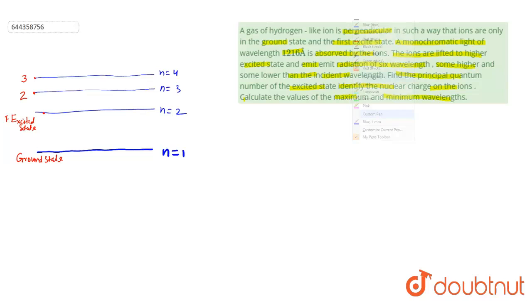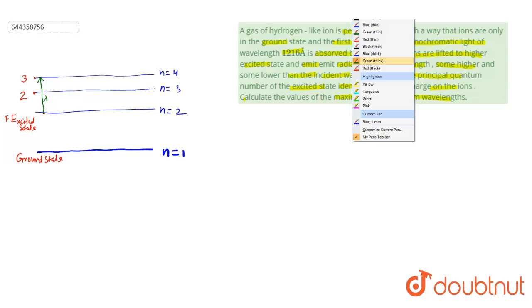That means these ions are excited to a higher energy state. So suppose this is the excited state, and the wavelength is lambda here, which is 1216. After that the ions are lifted to a higher excited state and emit radiation of 6 wavelengths.